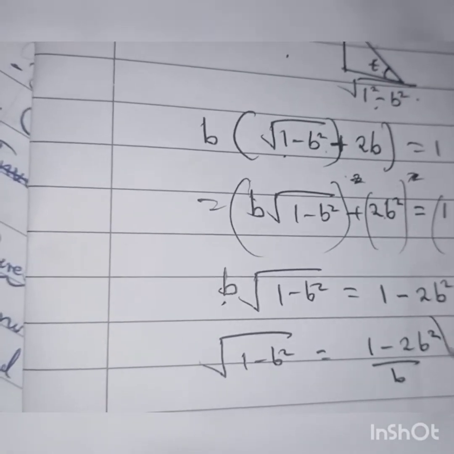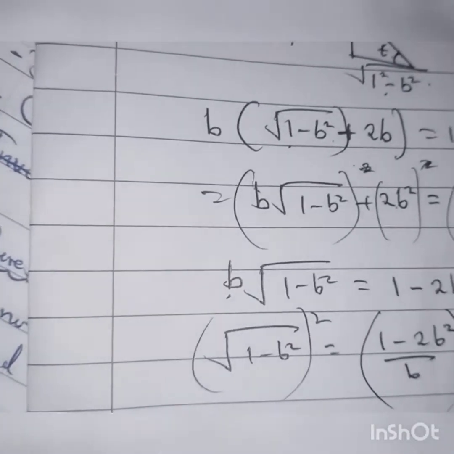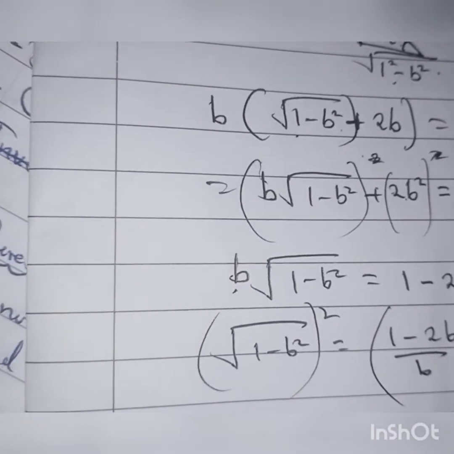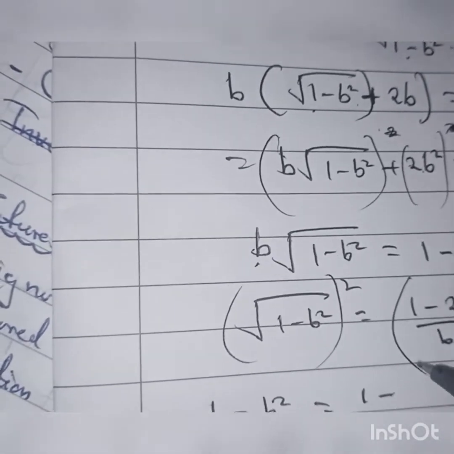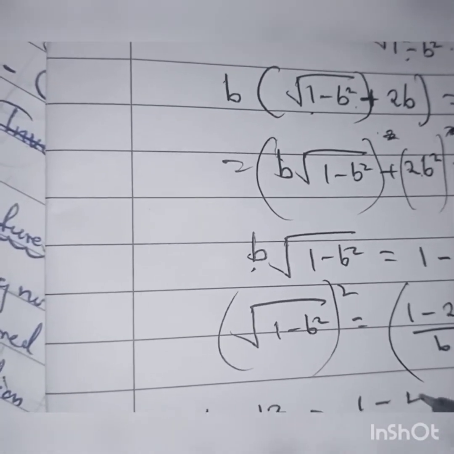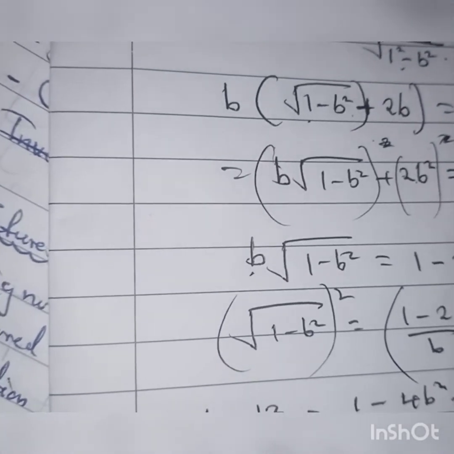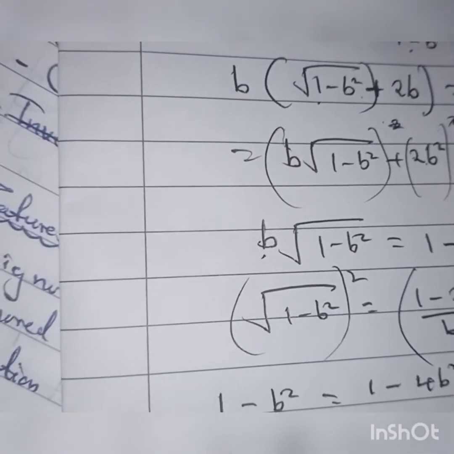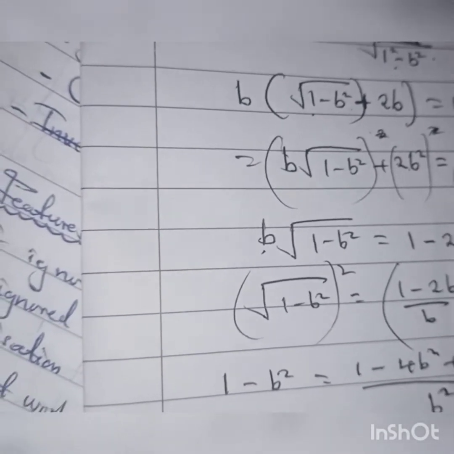Then we can now square both sides, so that it remains 1 minus b squared, which will be 1 squared minus 2 times this times this one, which is 4b squared, then plus 2b squared squared, which is 4b raised to 4, all over b squared.